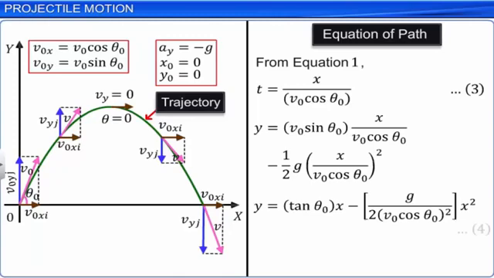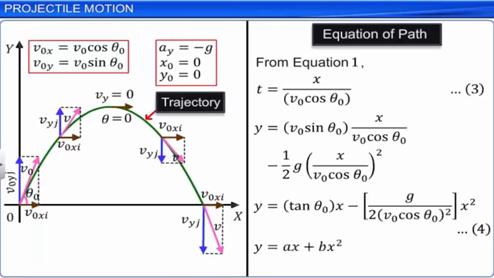In this equation, tan theta 0 and g divided by 2 into v0 cos theta 0 whole square are constants, as g, theta 0 and v0 are constants. As you know, the equation of a parabola can be written as y is equal to ax plus bx square.